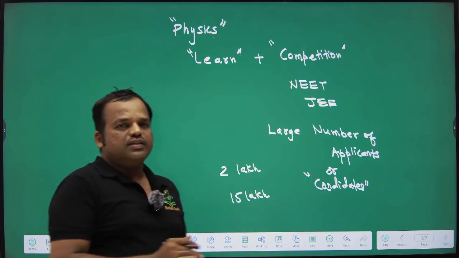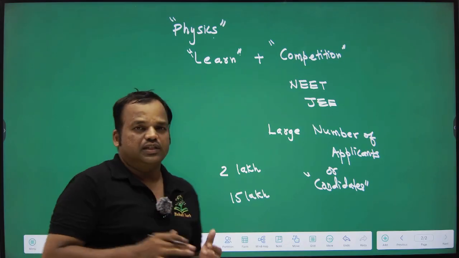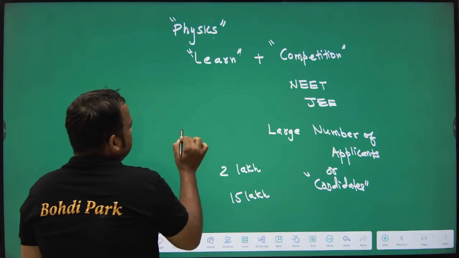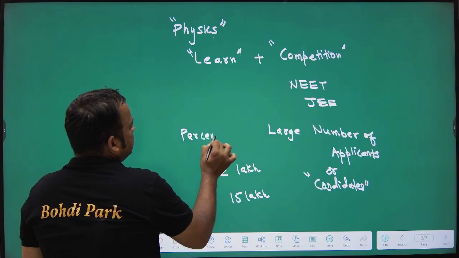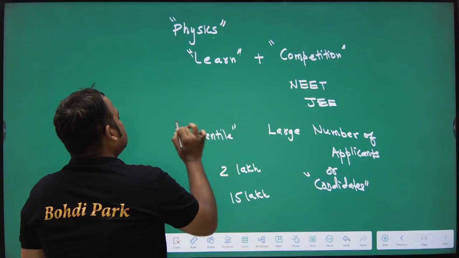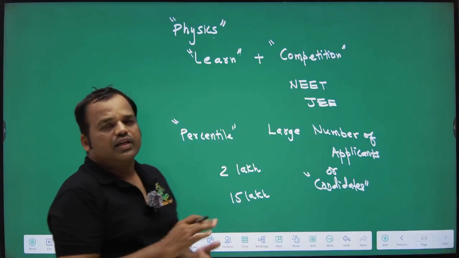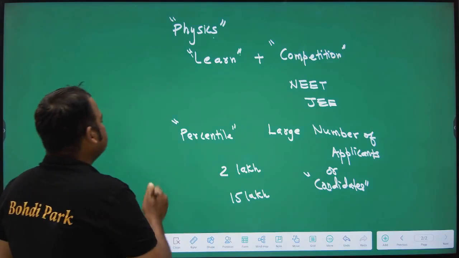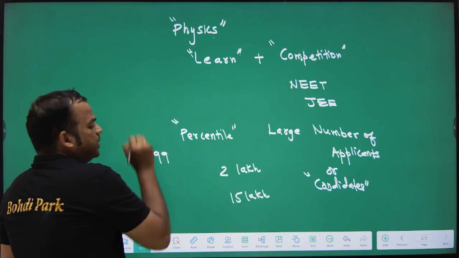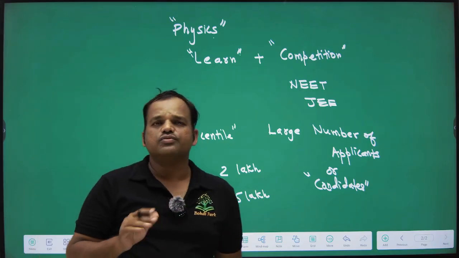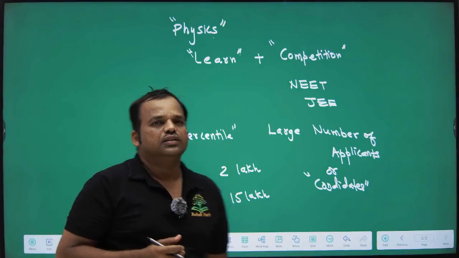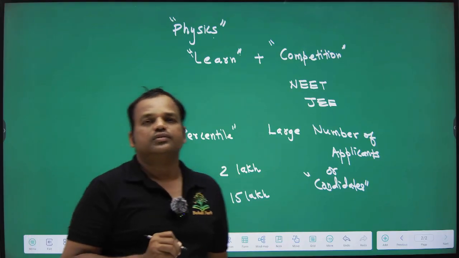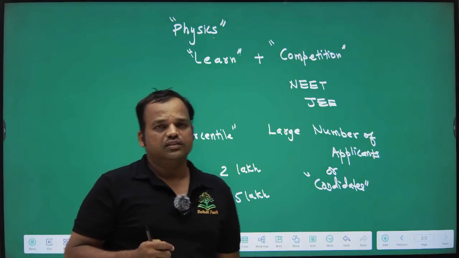So how do they select the candidates for the seat? There is a concept of percentile that we can discuss some other time, but roughly we can say, suppose the percentile is 99, the student is in the top 1%. If the percentile is 98, the student is in the top 2%.